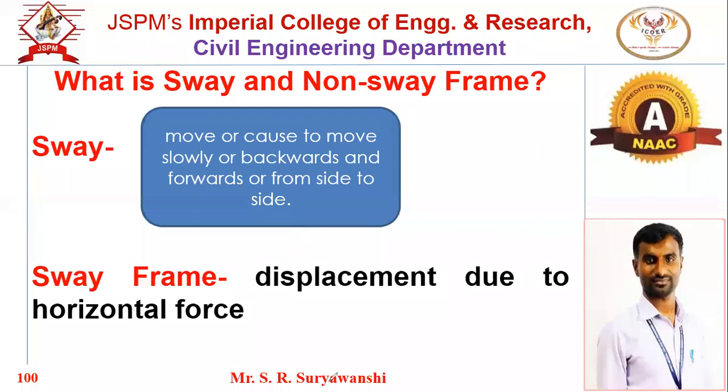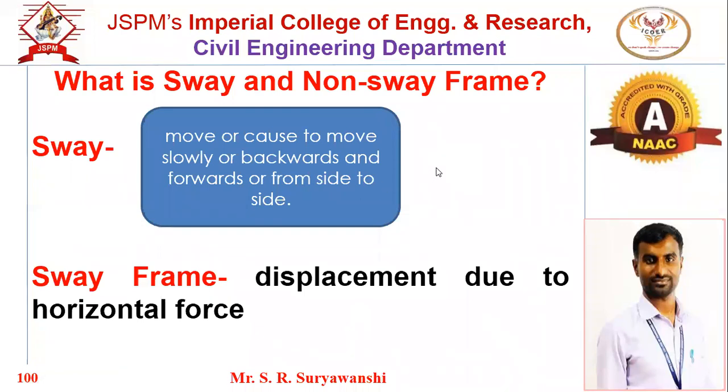Now we have to identify whether a given frame is a sway frame or a non-sway frame. There are certain basic points that we should know to identify whether the given frame is in the non-sway or sway category.